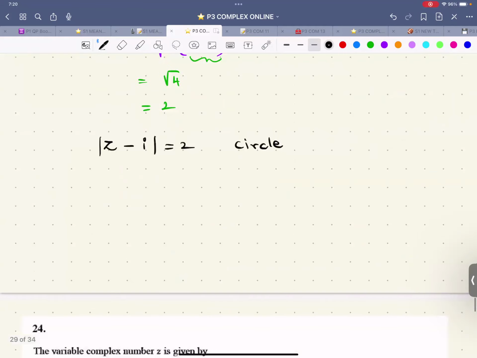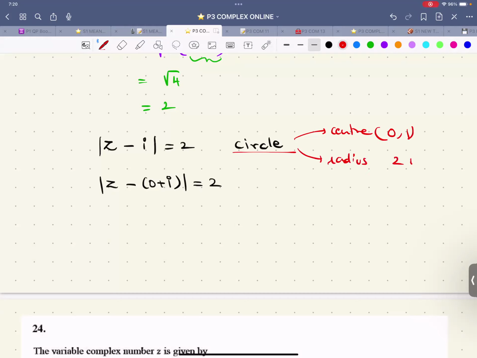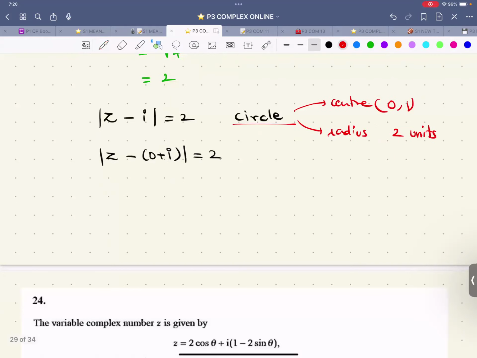And let me readjust it a bit: the modulus of z minus (0 plus i) equals 2. It's a circle, definitely. The center of the circle is (0, 1), and the radius of the circle is 2 units. So all you have to do is to draw a grid. Let me just pick a nice grid over here.